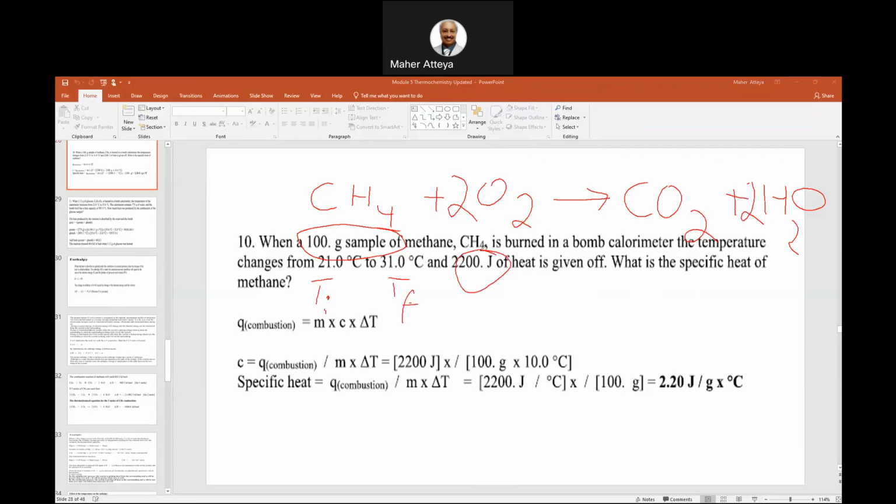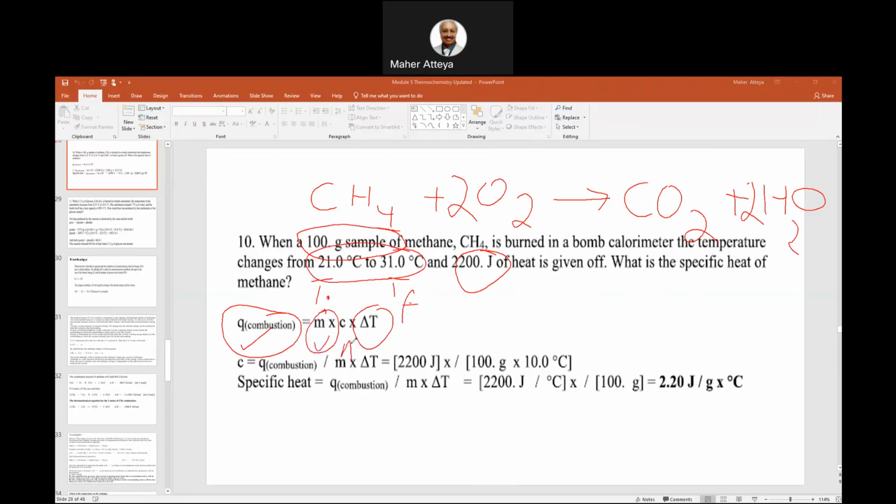It asks you for the specific heat of methane. Well, T final and T initial are given, and the mass is given to you, which is 100 grams.